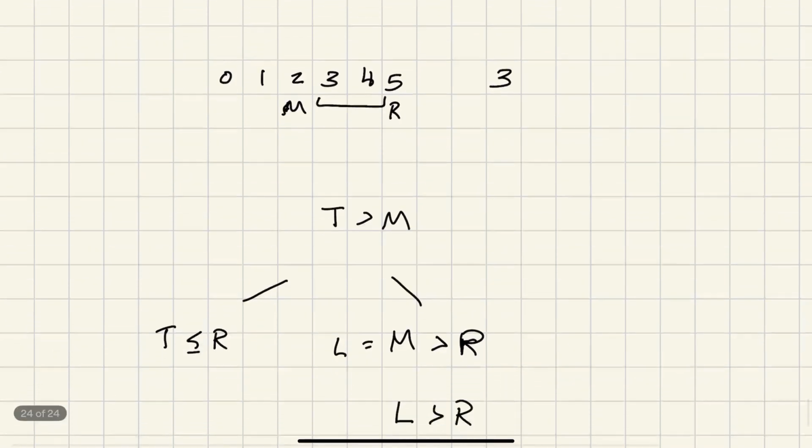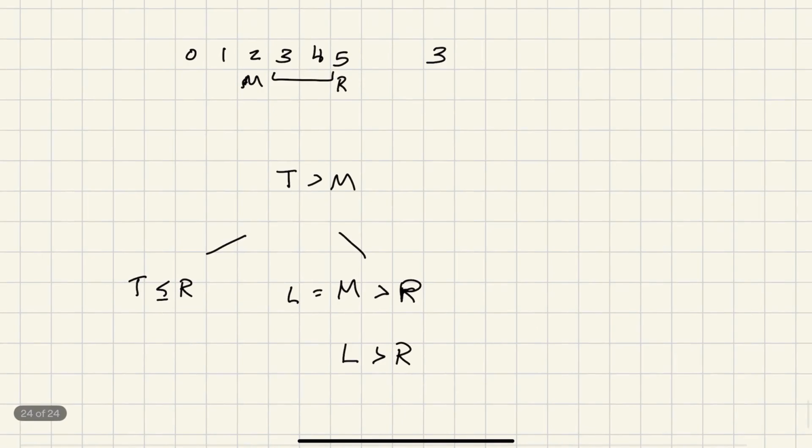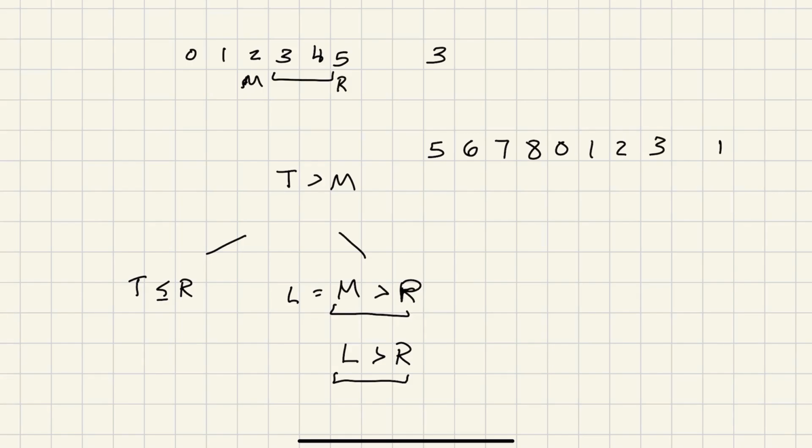And let's make an example where that is true. So we want target to be greater than mid, but the main thing that we want is mid has to be greater than right. So let's start off with big numbers 5, 6, 7, 8, and then go down to smaller ones. And let's search for 1. Now we already said, well, here what would be the mid? The mid would actually be 8.